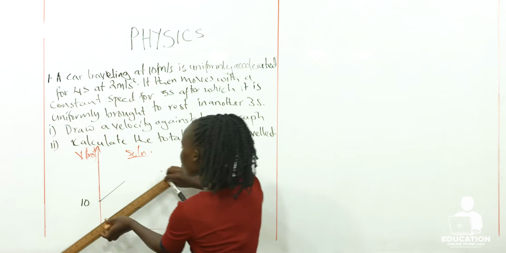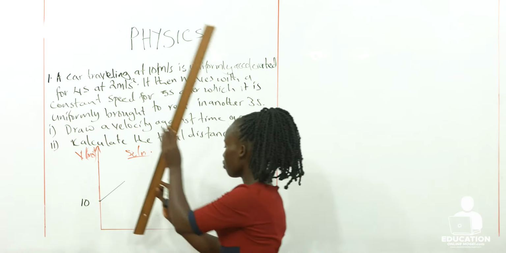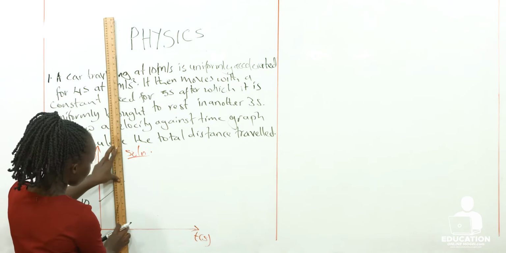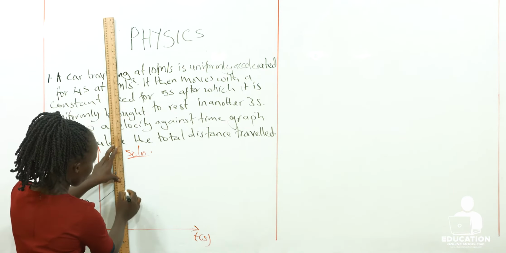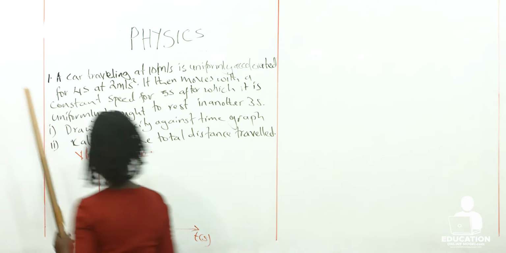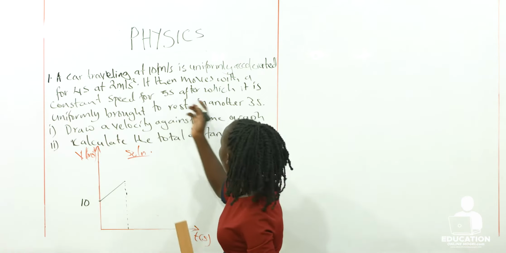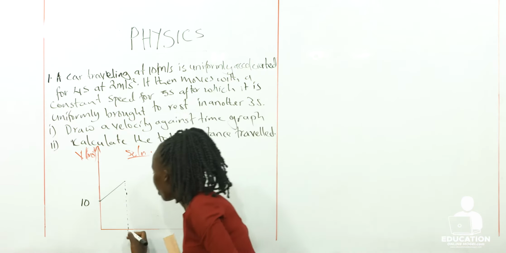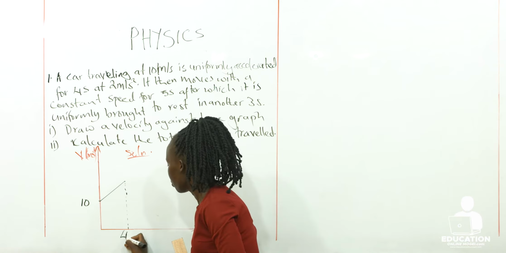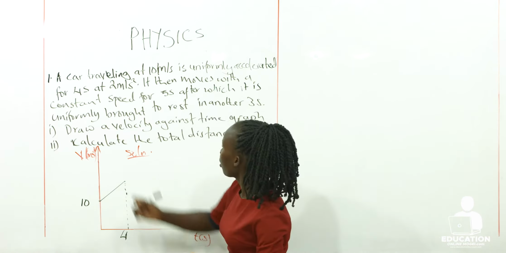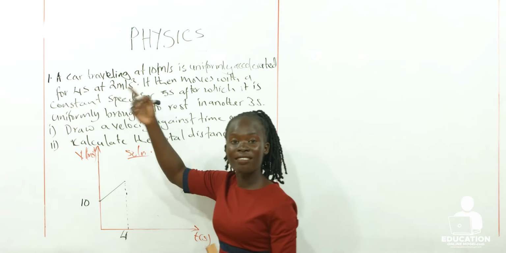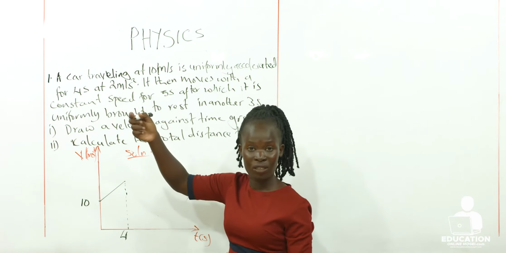For how long was the body accelerating uniformly? The question is telling us 4 seconds, so our timing here will be right here at 4 seconds. This 2 meters per second squared is the rate, the acceleration.